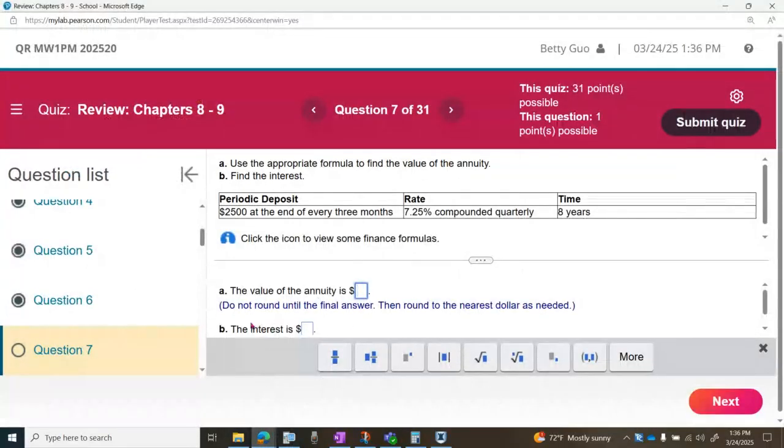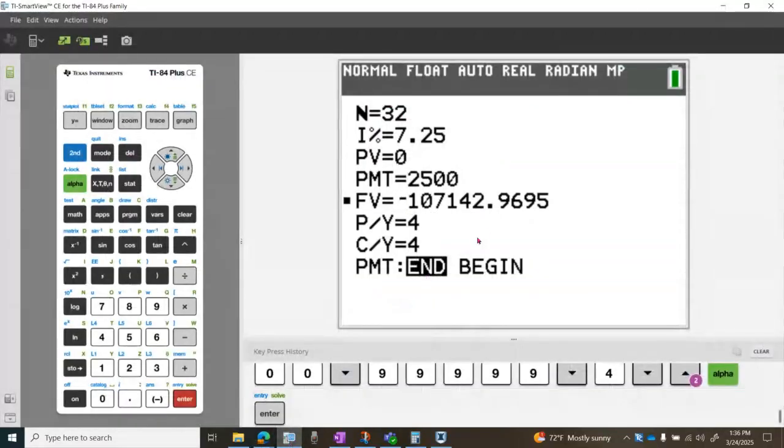Do not round until the final answer. Then round to the nearest dollar, following the normal rounding rule. So this is 9, round it up. 107,143.